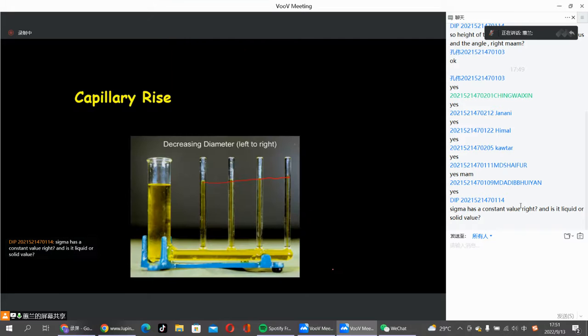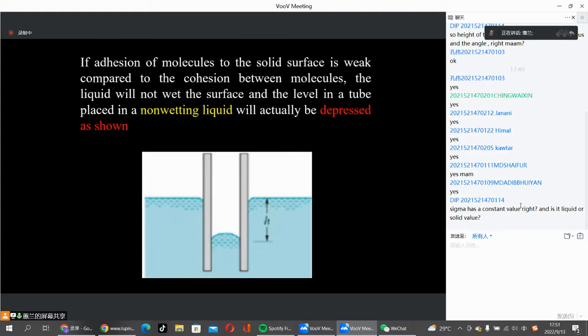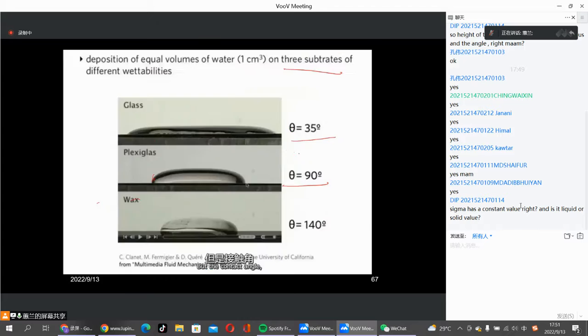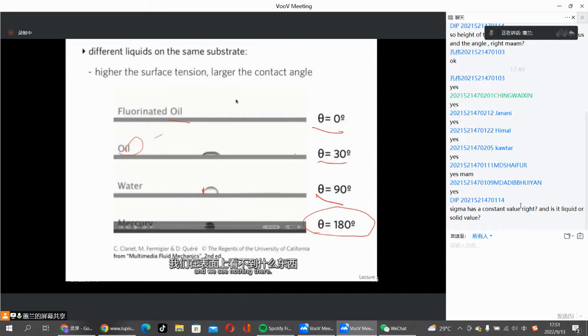Sigma has a constant value if you have the same fluid and same tube. Here we just say this: the surface tension sigma is actually decided by the material. The contact angle is decided by the solid and fluid, and sigma, for the same fluid and the same gas at the interface, means the densities of the two liquids or gases are the same, so sigma will be a constant.